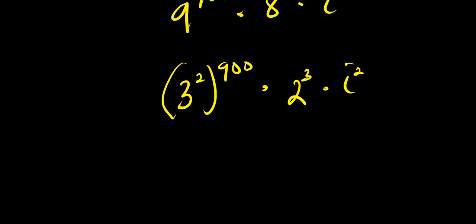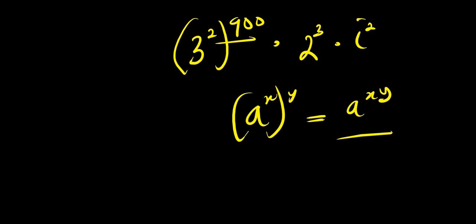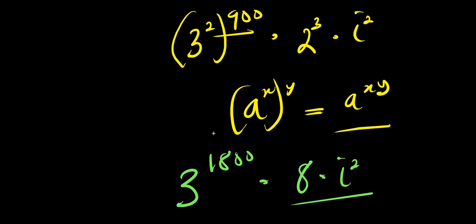So, if you have a to the power of x to the power of y equals a power x times y, and multiply this out, I can have this as 3 to the power of 1800 times 2 to the power of 3, which is 8, times i power 2, right? Let's multiply this out.